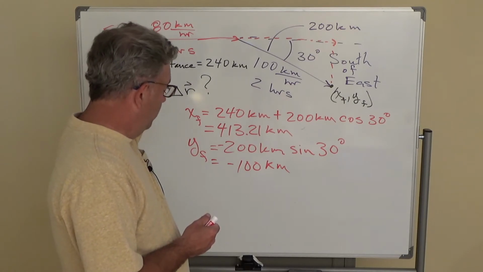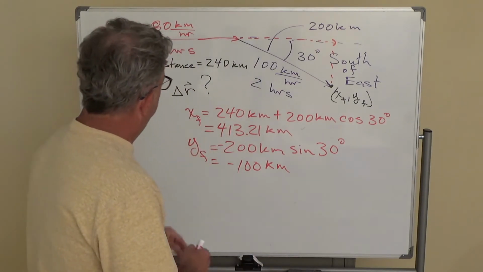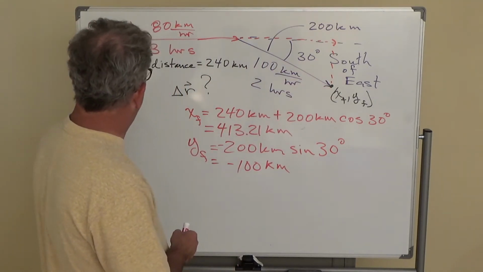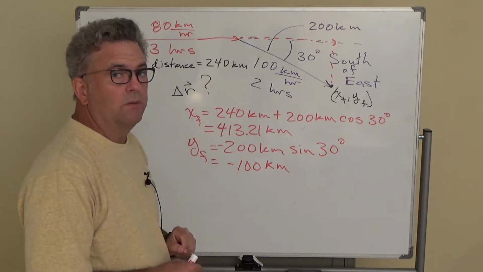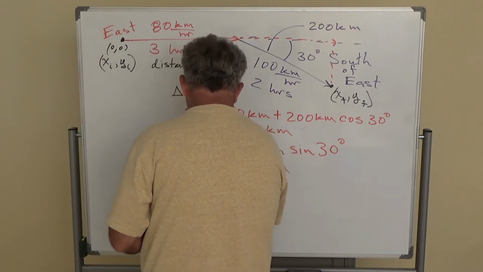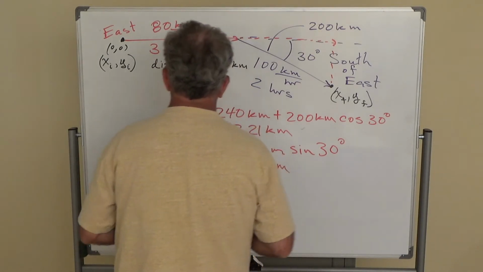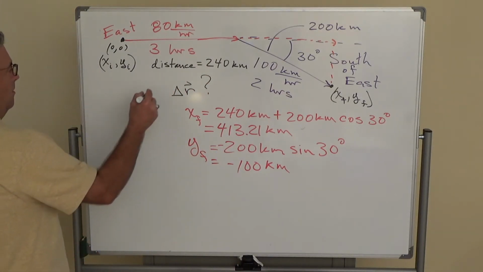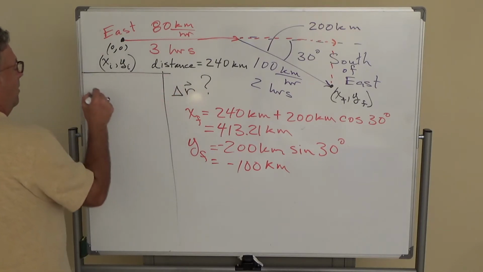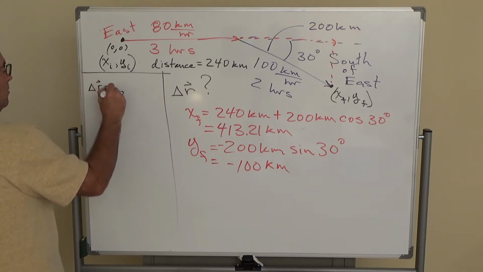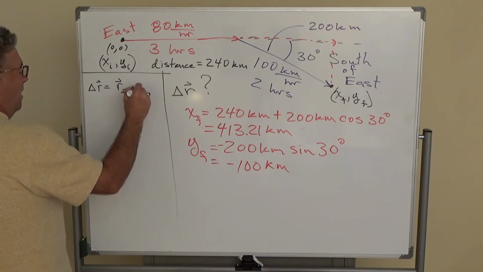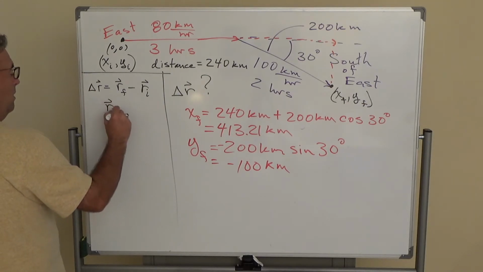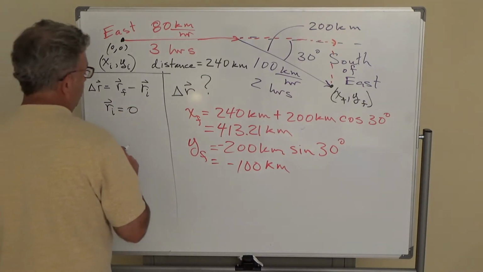Okay? So now we can figure out delta R. That's easy because the position vector really is delta R. R initial is 0, 0. So delta R, what am I going to get rid of? Let me see if I can squeeze it in over here. So delta R is equal to R final minus R initial, and R initial is equal to 0. 0 is 0.